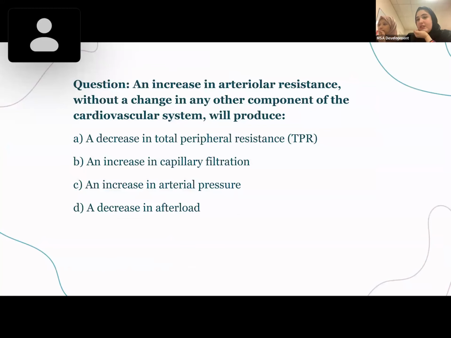An increase in arterial resistance without a change in any of the other components of the cardiovascular system, what will it produce?